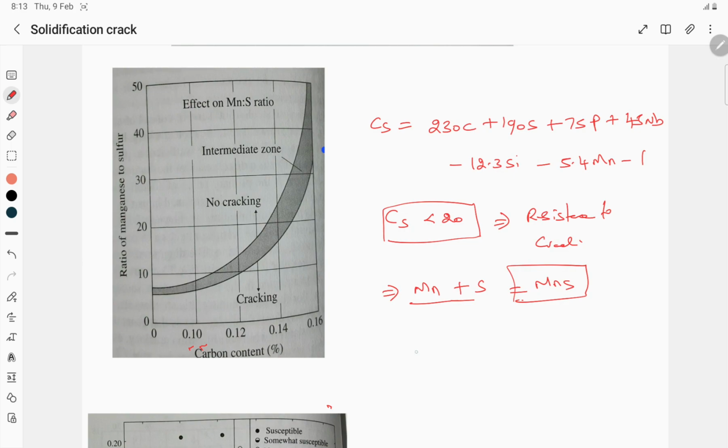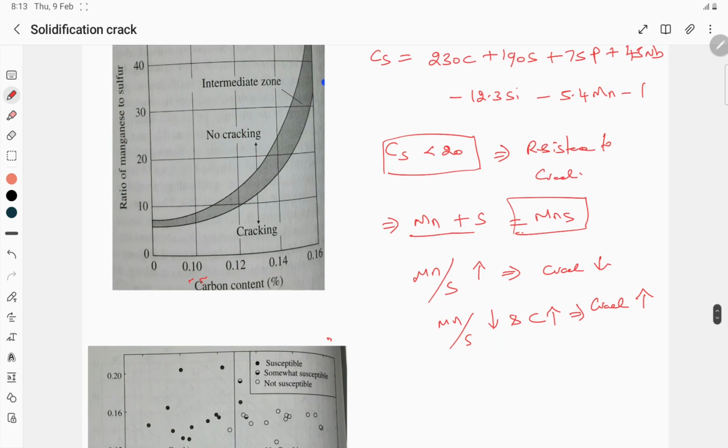When the ratio of manganese to sulfur is higher, crack formation is very less. When the ratio is very low and carbon content is high, the possibility of crack formation is more.